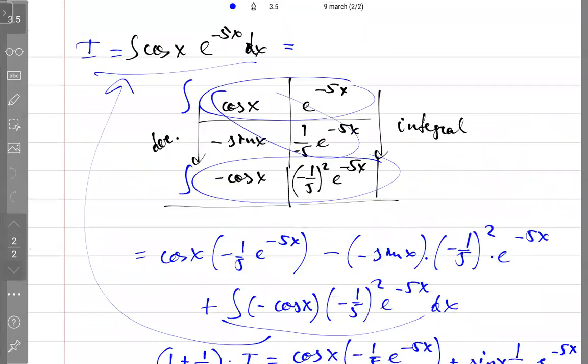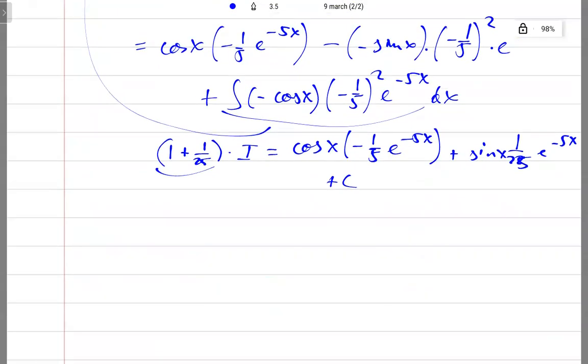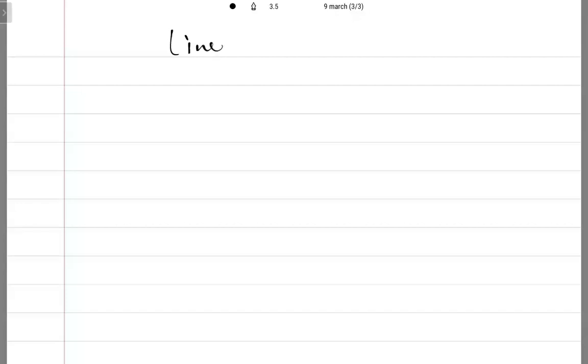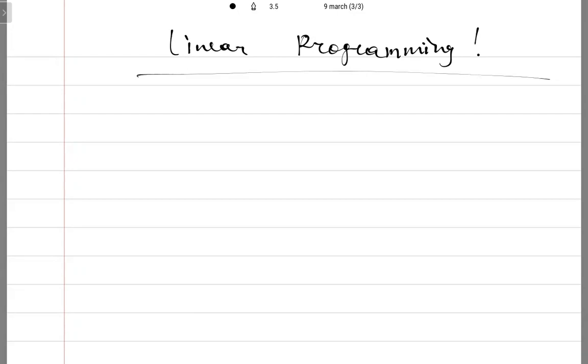Okay, so let's move on to linear programming. Let's solve some stuff with parameters in linear programming.